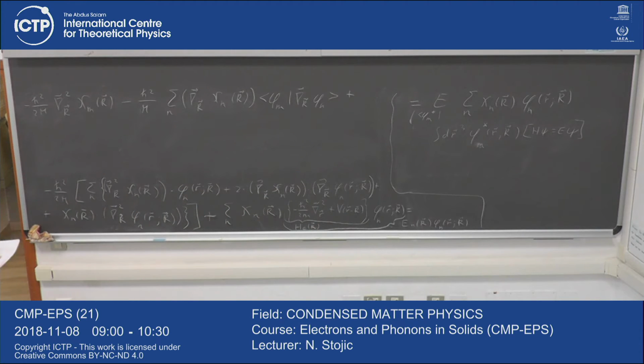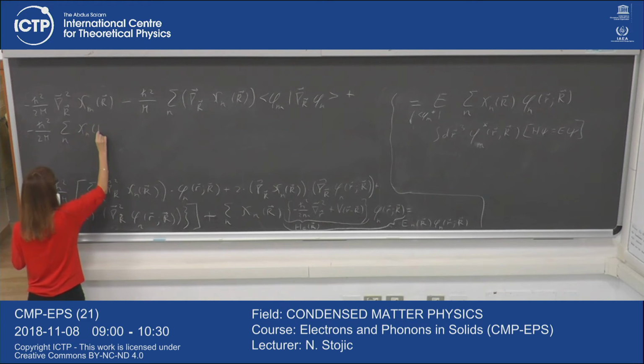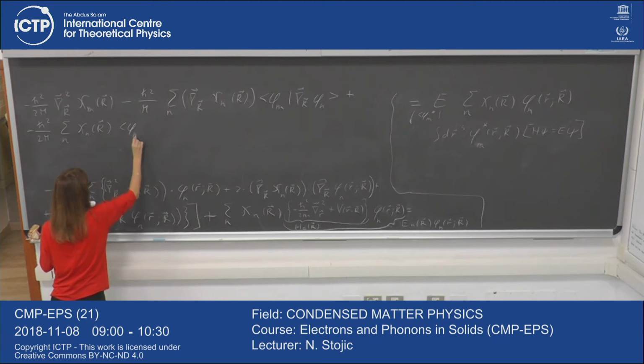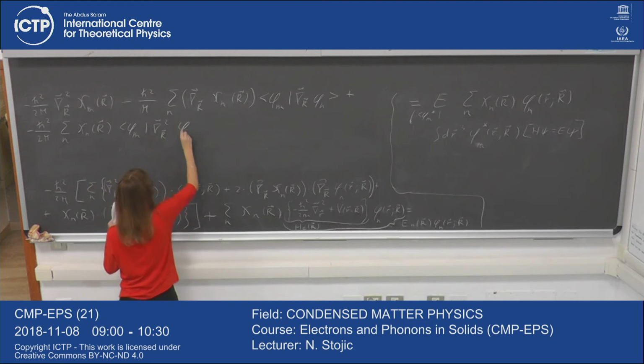Now I have this term, which will give me minus h bar square over 2m, sum over n, Cn of R phi m gradient square with respect to R n.